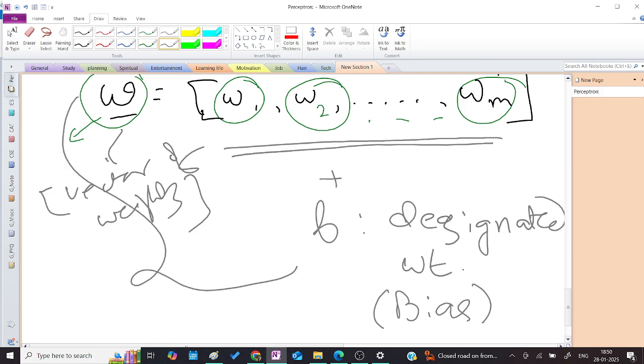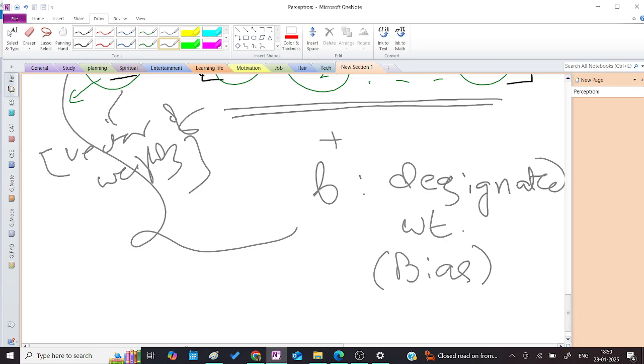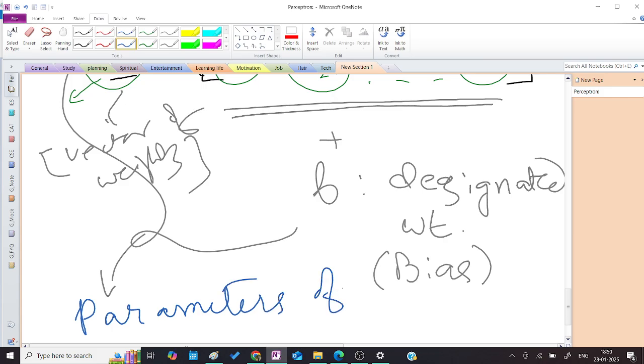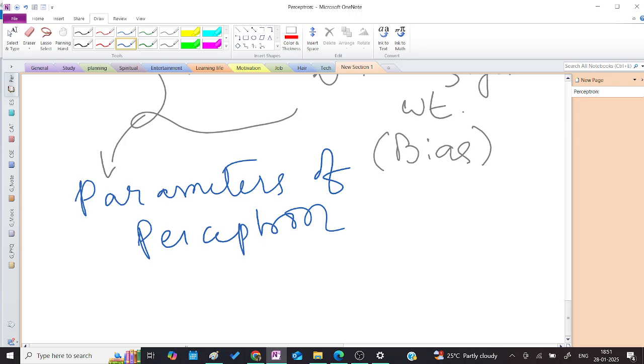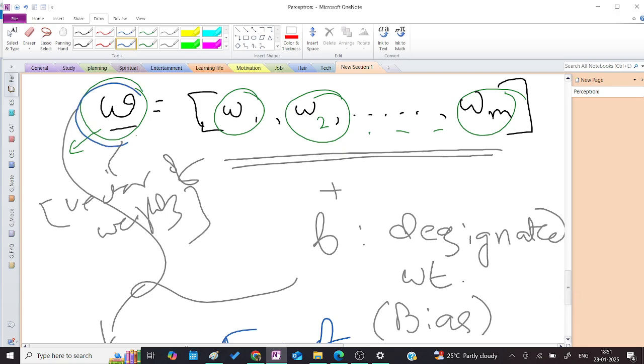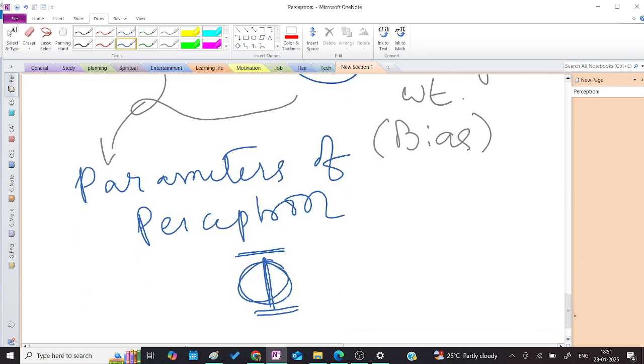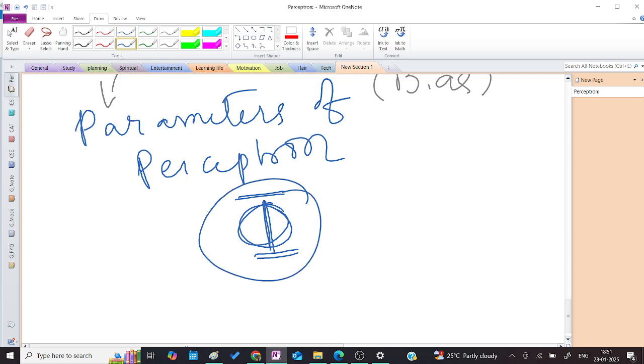Both are known as parameters. What parameters? Parameters of perceptron. We represent them by capital phi. Both this vector w and bias together are known by this phi.